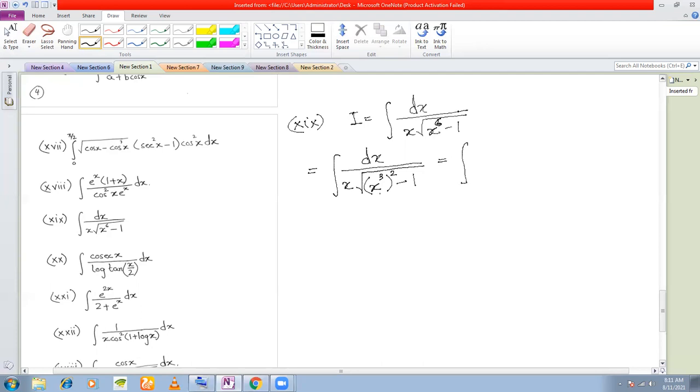Now you see that the derivative of x cube will be 3x square, right? So if I can get 3x square in the numerator, then I can put x cube equal to t in the denominator, right? So what I do is I multiply numerator and denominator by 3x square.